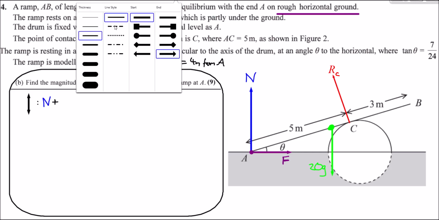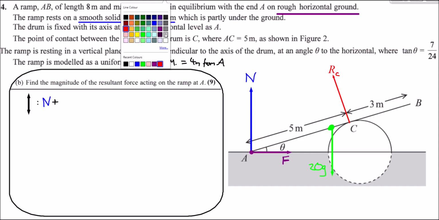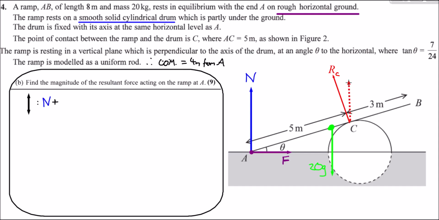So this here, we can resolve into components going vertically and horizontally. So if we just do that now, a vertical component and a horizontal component like so. Because this is theta, this angle here will also be equal to theta as well. So the RC, we can now resolve into horizontal and vertical components.